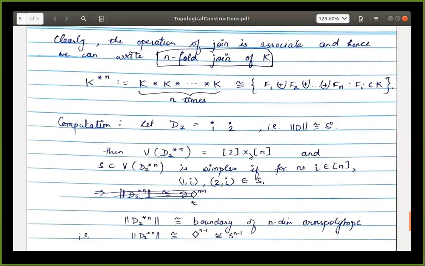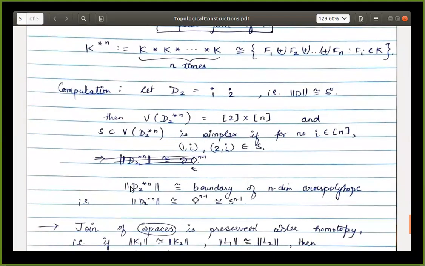So if you take the multiplication, you will have points from minus n going up till n excluding 0, and then you're saying exactly the same thing, that for no i, both i and minus i should be there. So this is exactly the structure here as well.